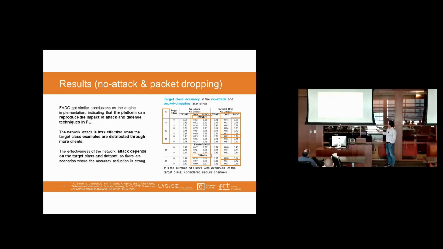So we have one column of the original paper, one column where we run their code in a local machine, one column where we have FADO implementation, okay? And we have no attack, no defense, target drop, so network attack and no defense, and then I'll show you when you have also no attacks and no defense, okay?